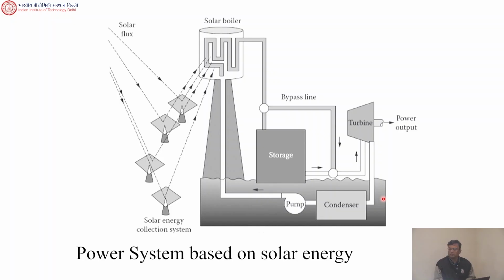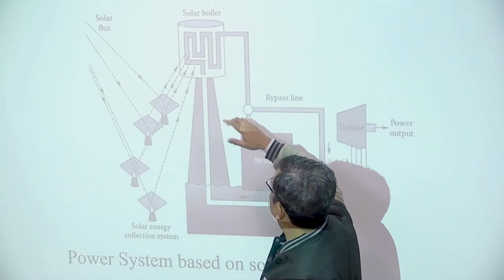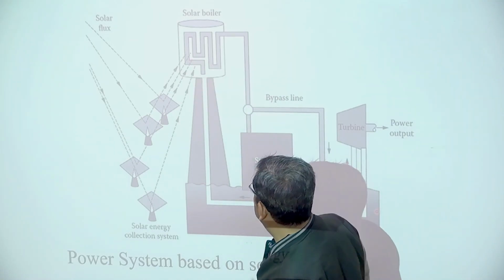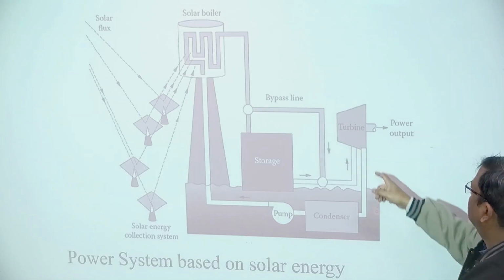This is solar power generation. Solar energy gets received and then it's sent back to this boiler, so it is concentrated on this boiler, and the water flowing here gets heated and converted to steam, and that can run a turbine.